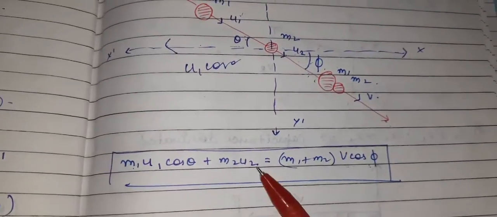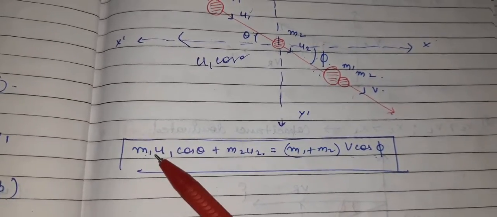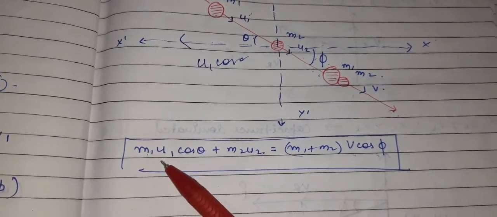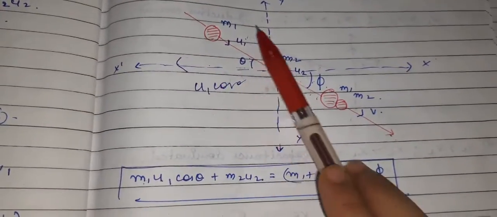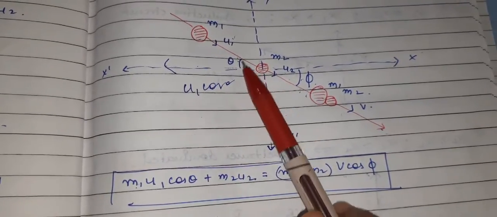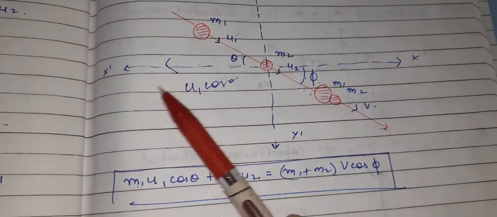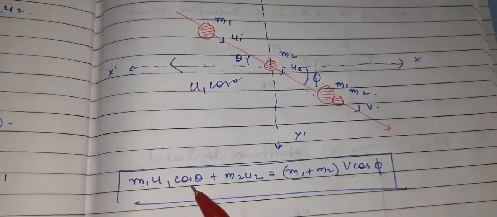In that case, we can write the equation of linear momentum. The linear momentum of the first body will be m1 u1 cos theta, since theta is with the horizontal, so the component of velocity will be u1 cos theta.